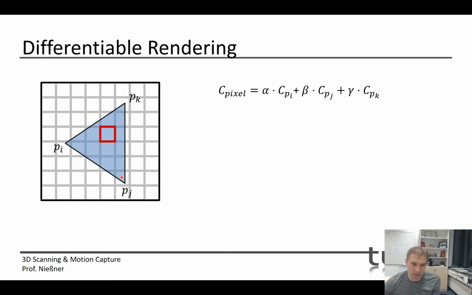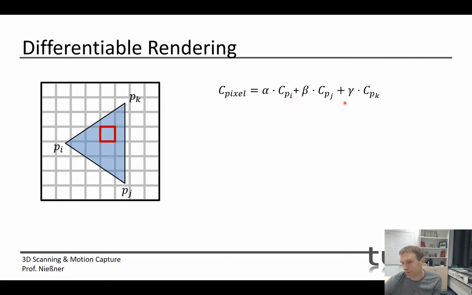And what the rasterizer is now doing, it's finding an interpolation between these three vertices and figures out how to interpolate these three vertices for this one pixel. And when I say interpolate these vertices, what it actually is doing, it's interpolating the color values, the attributes of these points, in order to find the color value for this pixel. That's what's happening here right now.